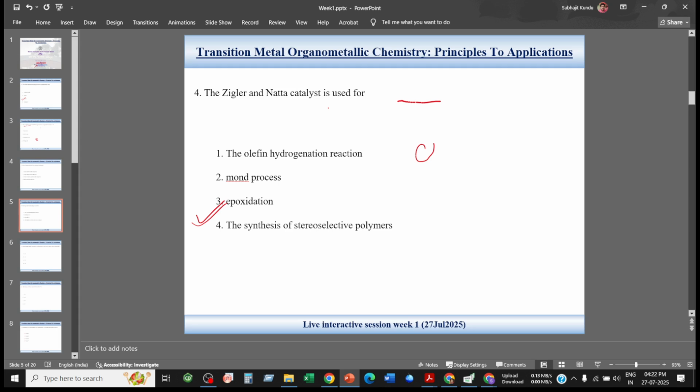Next, the Ziegler and Natta catalyst is used for. Option 1 is the olefin hydrogenation reaction. Option 2 is the Mond process. Option 3 is epoxidation, and option 4 is the synthesis of stereoselective polymers.